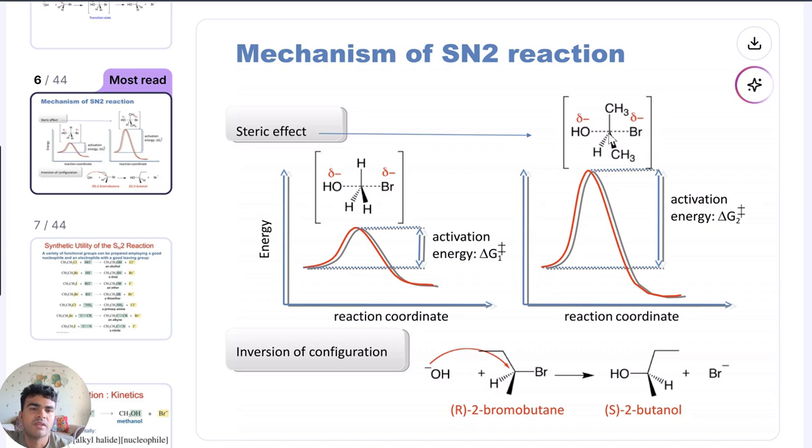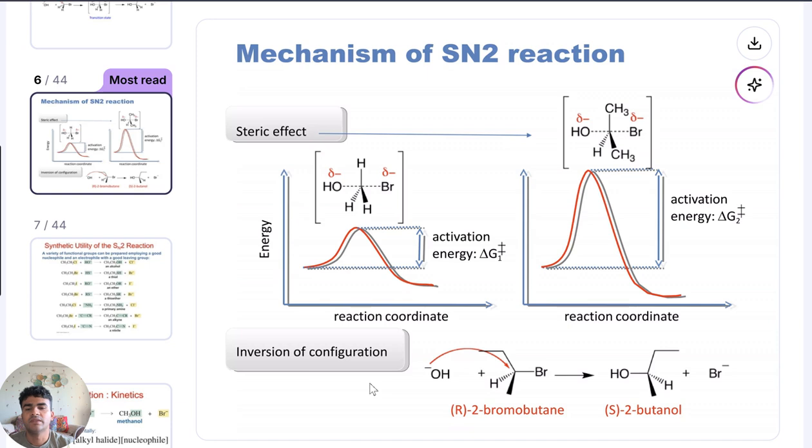As a consequence, the activation energy required for a substrate with more methyl groups attached to the carbon, that is a 2-degree or 3-degree substrate, will be high. So those types of reaction will not go through the SN2 mechanism. They will go through the SN1 mechanism. So the steric effect will affect the reaction mechanism.